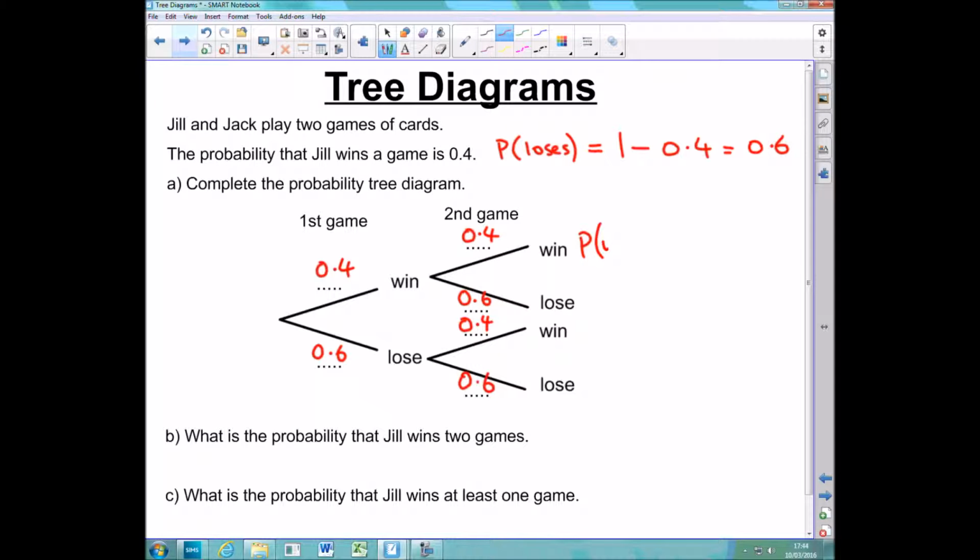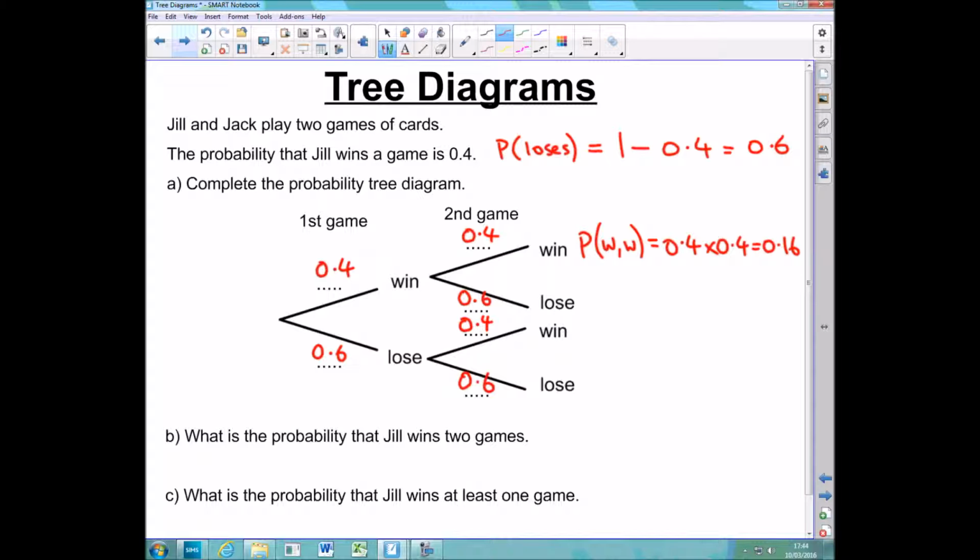So we're just going to mark that on here by saying she has won and she's won again. So we're doing the probability of a win-win. Now, in order to work out the probability of 2 things happening, one after the other, we times the probabilities of each event. So we're going to do 0.4 times 0.4, which gives us 0.16.